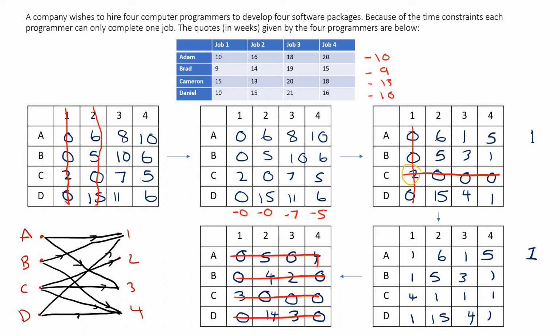So we might have to test a few different situations depending on who's doing what. We can tell definitively that Cameron has to do job 2. He's the only one that has a 0 in that row. He's the only one that is connected up to job 2. So I'll write that up here, C2.